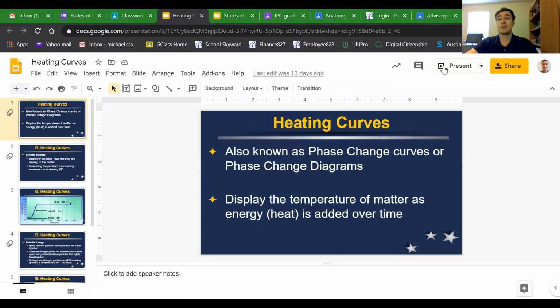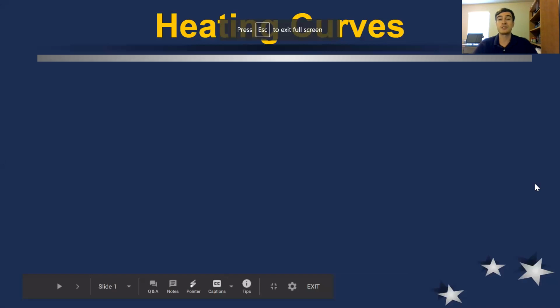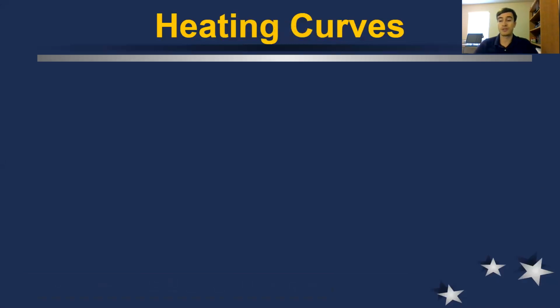All right, so we just talked all about phase changes and how we go from one phase to another and what that's called. Heating curves are a way of showing in a graph what's happening to the matter, to the stuff that's going through a phase change, based on the time and the temperature that it's taking to go from one change to another.